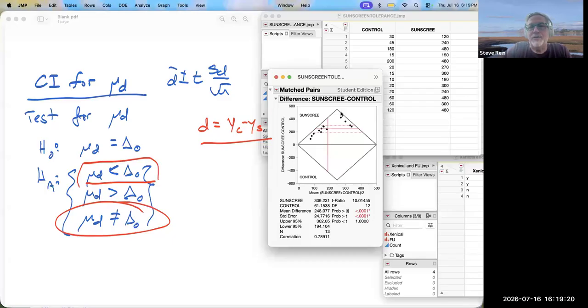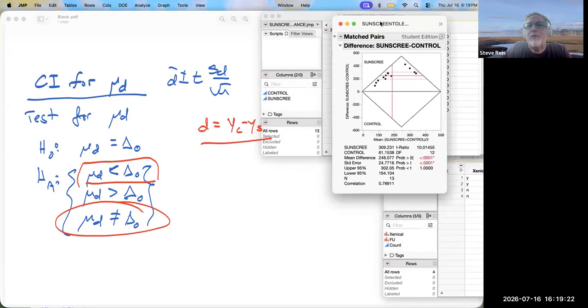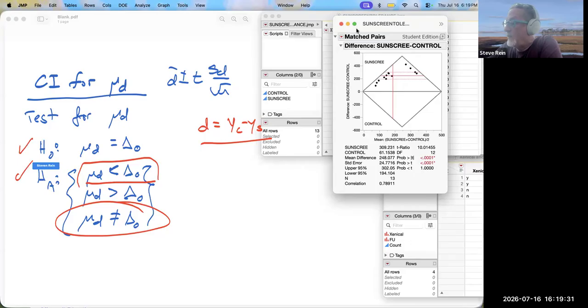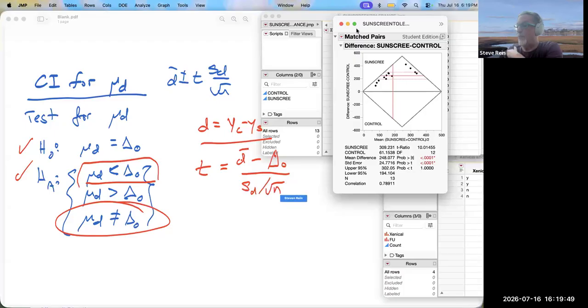So the question occurs to me, hey, what is that t value? We claim that we know from a p-value what our conclusion is. We've got the null and the alternative hypotheses. What is the test statistic? Our test statistic is t. Literally, it's the average of the differences, d bar, minus delta naught, the hypothetical difference, over s sub d over the root of n, the number of differences.